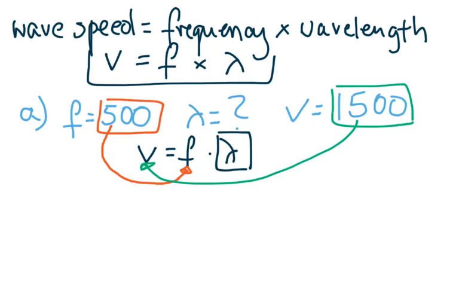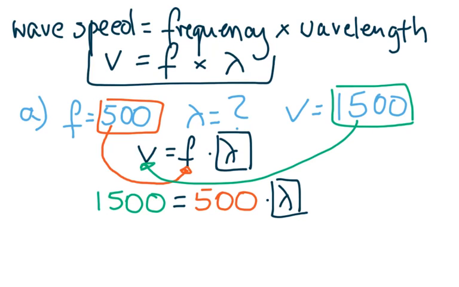So now we're going to rewrite this, leaving the whole formula in the same form. We're just going to change the letters for the numbers since we have givens. So the first number is 1500 on this side. We're going to keep the equal sign exactly in the same place. Then we are going to put 500 for frequency. And since we don't have lambda, we're going to keep it in a cube on this side.